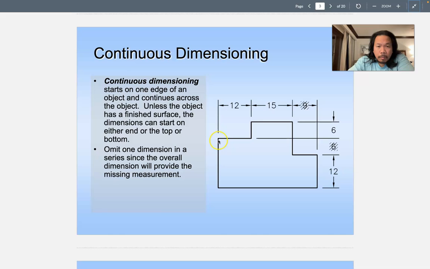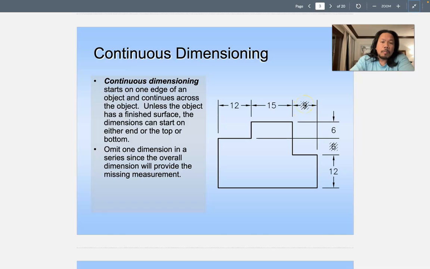So the first dimension, for example, from the first edge to the second edge is 12 inches or 12 millimeters, whatever this is. And then from the second edge to the third edge is 15, whatever the unit is. And as you can see, the last one shouldn't be put this way.